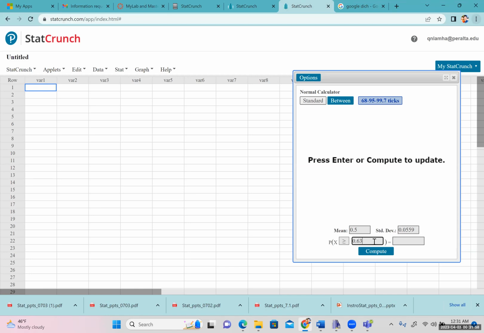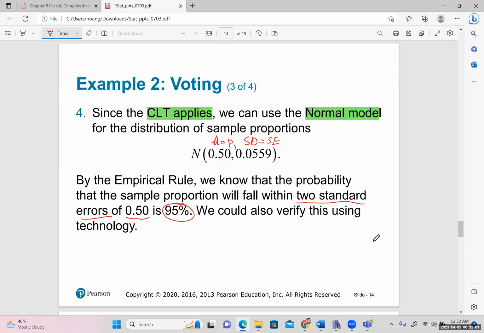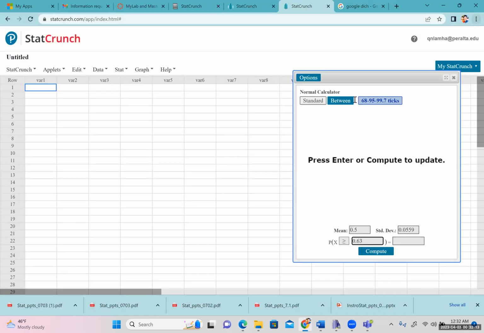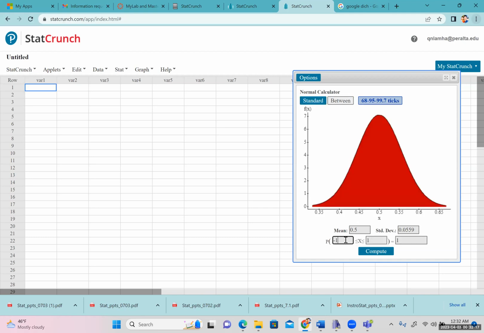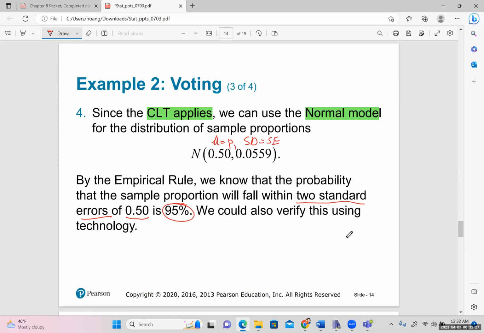Okay, so if you want the probability of being within 2 standard errors, I think we have to use the between option here. So the mean was 0.5, and this is between 2 standard errors.